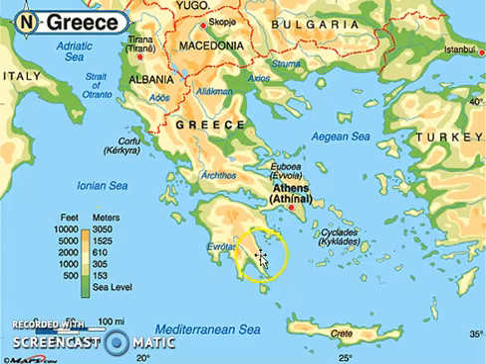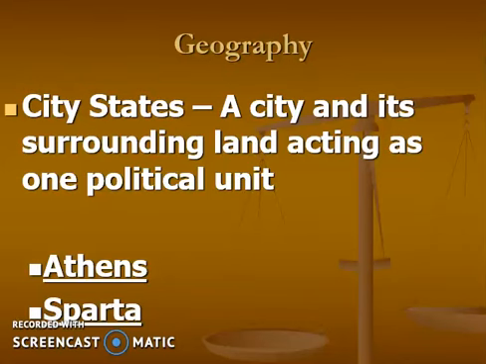So anywhere that is not green, that is on land, is going to be mountains. So you can see that there are mountains covering Greece. And so this is going to have a huge impact on the development of the city-states, on trade, on military strategy, on pretty much everything in Greece's development.